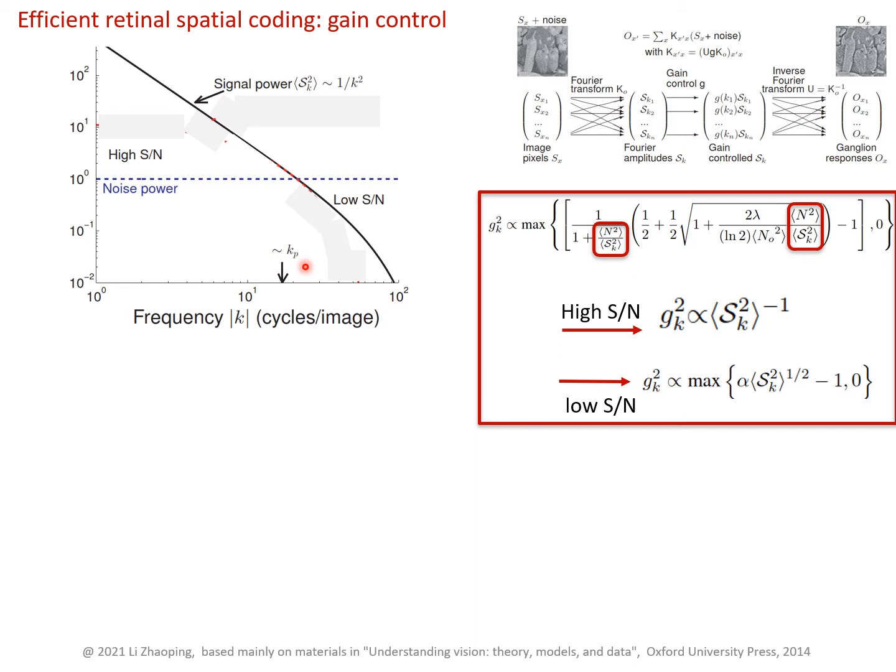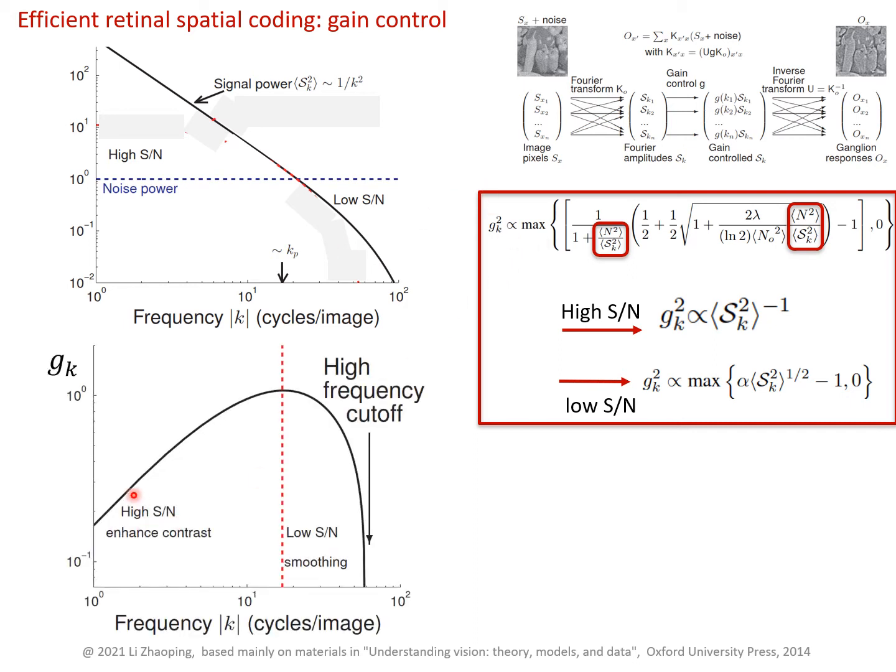So if you look at this formula, you will see the gain as a function of frequency should look like this. In this high signal to noise region, the gain should increase with frequency, because at low frequency the signal is high, so the gain should be low, and as frequency increases the signal drops, so the gain should be high. This is whitening, and whitening means in this region the output power should be almost independent of frequency.